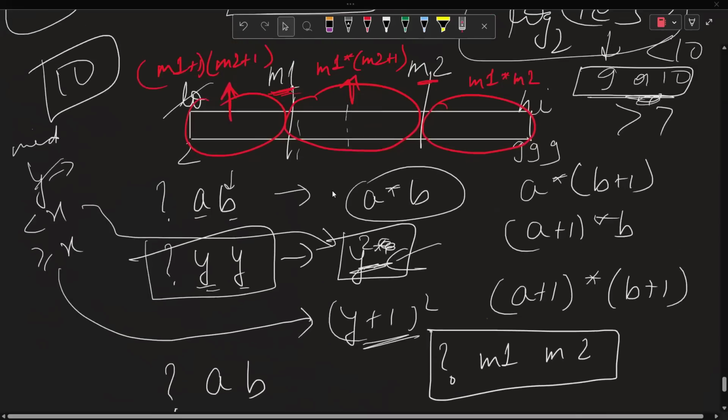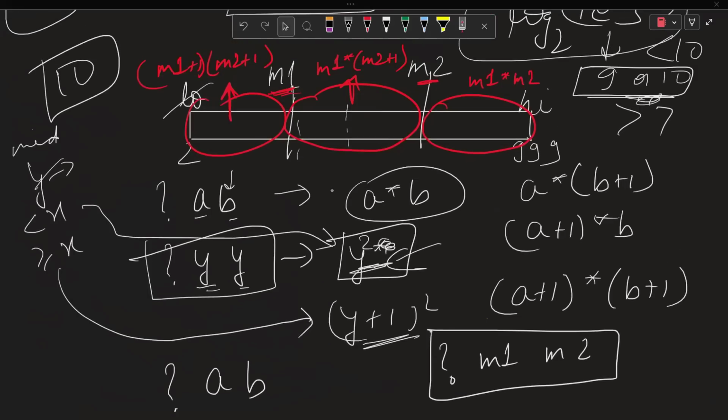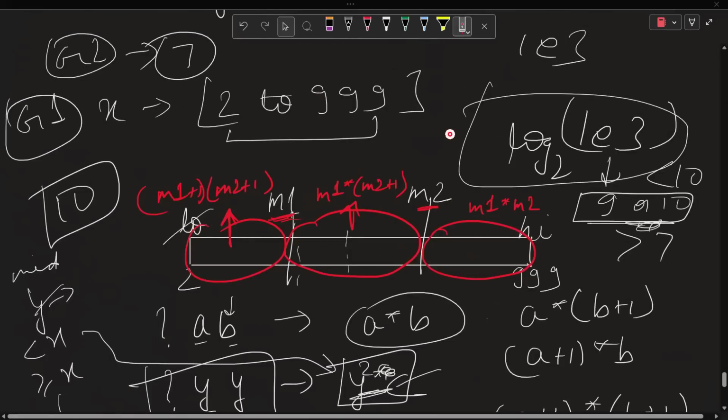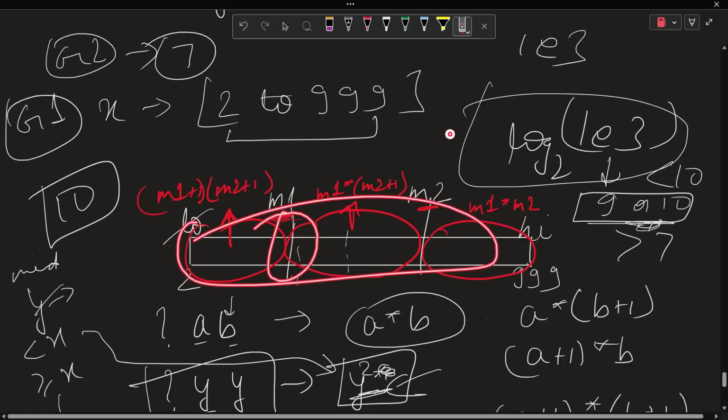So what we are doing here, I'm explaining it again. We are doing a binary search kind of thing, or you can say a ternary search kind of thing here, where we are taking the initial range as low equal to 2 and high equal to 999. And then we are calculating mid 1 as 1/3 of this range, mid 2 as 2/3 of this range.